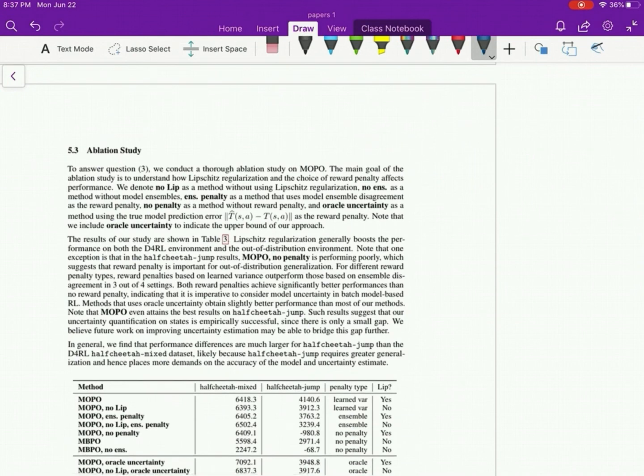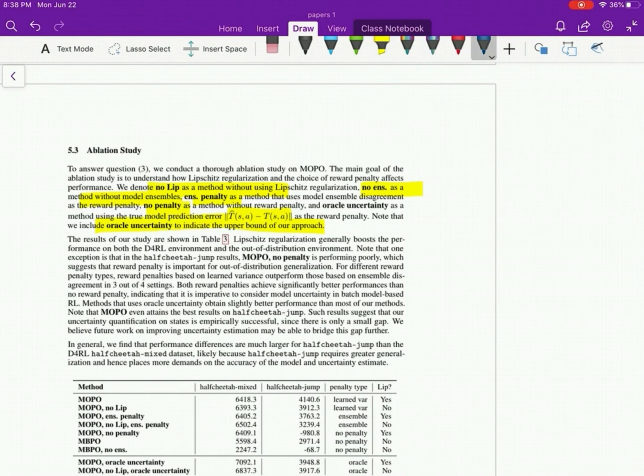So yeah, moving on to the third section. I hope this is the final one in this experiment section. Now note that there is no regularization, no ensemble methods, no penalty, no oracle uncertainty, no direct usage of T minus T hat.